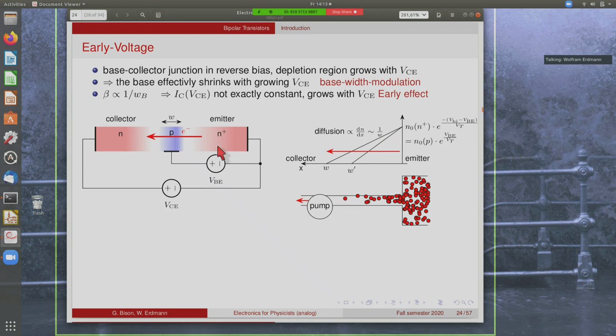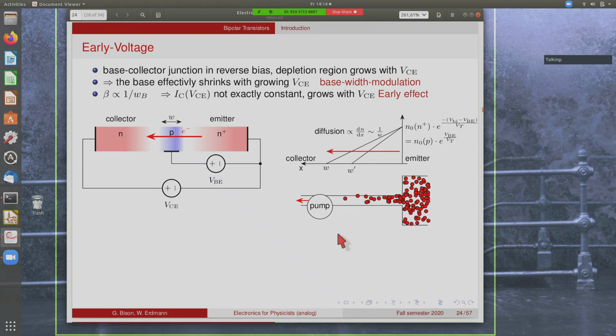On the other side of the base, we have this field that sweeps away the charges, and here the density is basically 0, because all the charges are absorbed. So the gradient becomes steeper when you reduce the length of this base, and a steeper gradient means higher diffusion current.